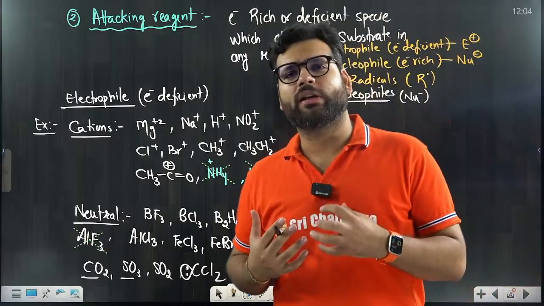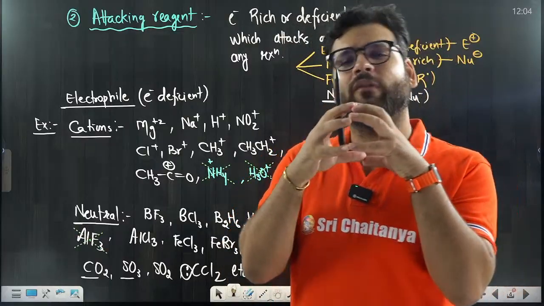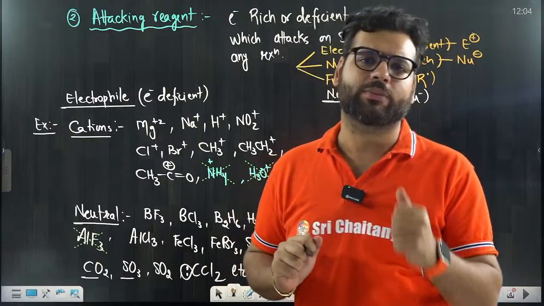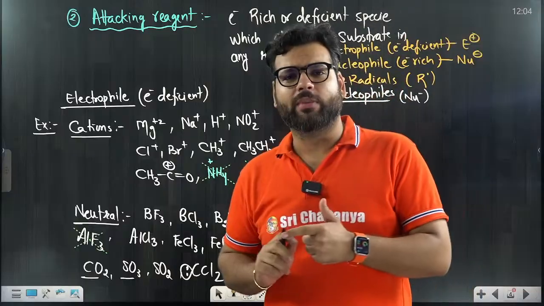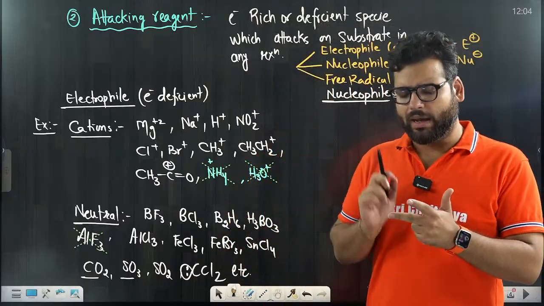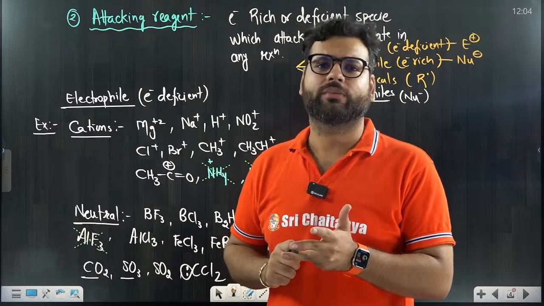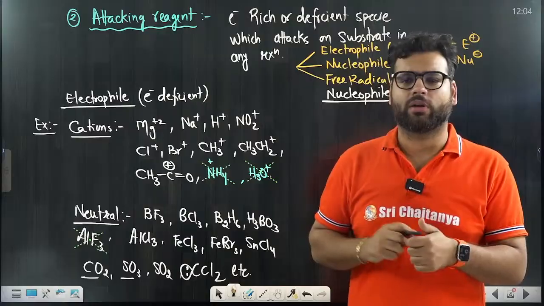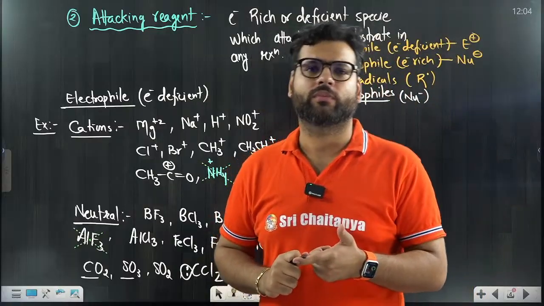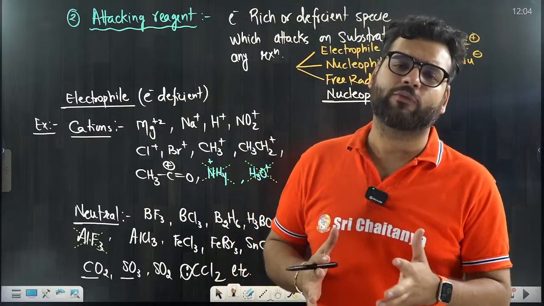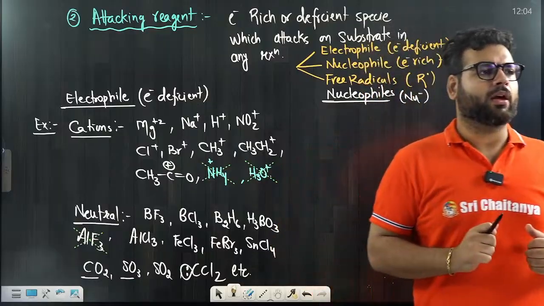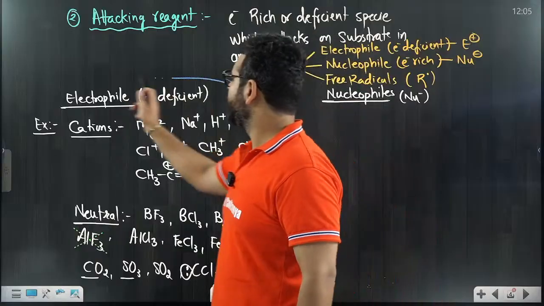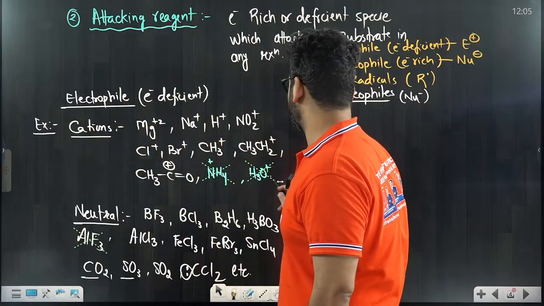So whichever reaction will take place on the benzene ring of any organic compound, it is going to be electrophilic substitution reaction: Reimer-Tiemann, halogenation, nitration, Friedel-Crafts alkylation, Friedel-Crafts acylation, Kolbe's carboxylation, sulfonation. So many are there. So remember them. These are the examples of electrophiles required for your level.